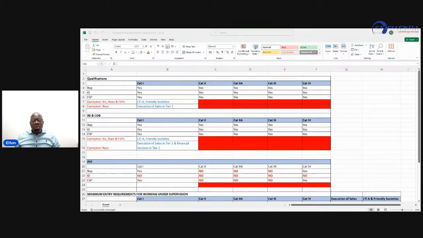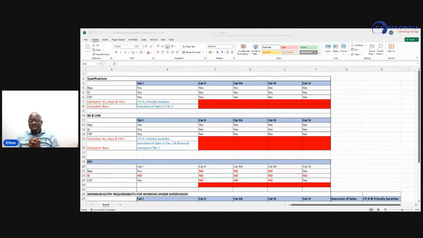And the same goes for Cat 1, except where we are dealing with KIs, reps, and FSPs in long-term insurance A and friendly societies. Then for reps only who are doing execution of sales, there is an exemption also for a qualification.